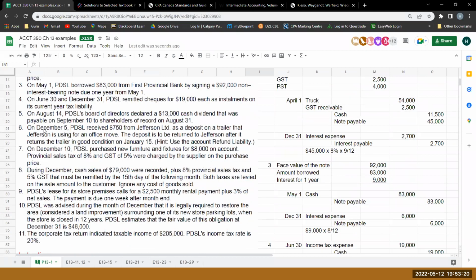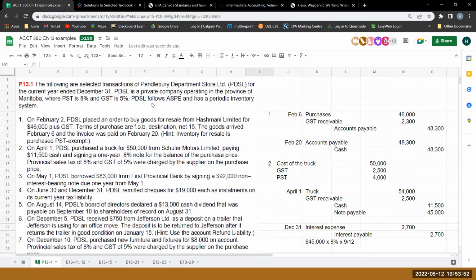Number 6. On December 5th, PDSL received $750 from Jefferson Limited as a deposit on a trailer that Jefferson is using for an office move. The deposit is to be returned to Jefferson after it returns the trailer in good condition. That's going to happen in January. So this is a deposit that we'll actually have to refund as long as the customer brings it back.